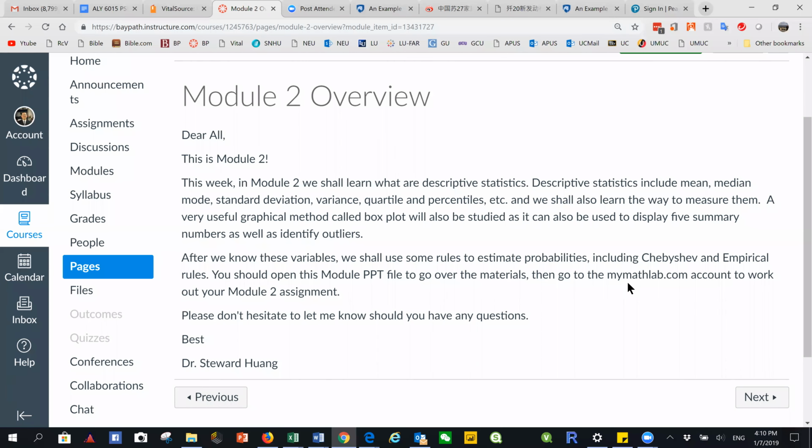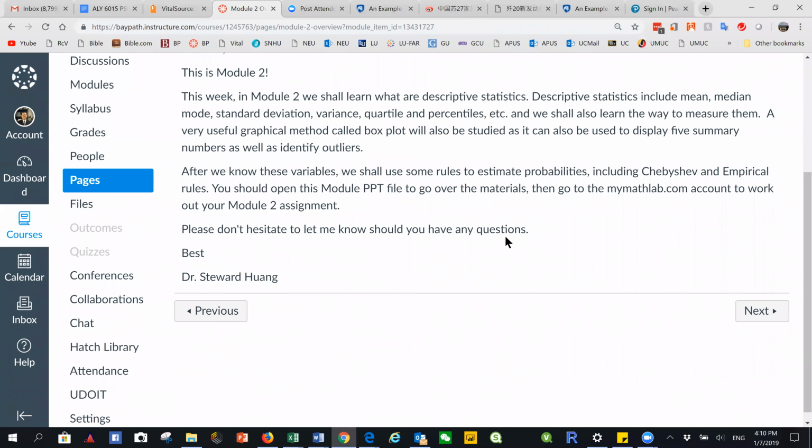Some graphical methods, like the boxplot, will also be studied, so we'll get into this as much as we can. And when we learn descriptive statistics, we describe the 5 things we are mostly interested in: center, variability, probability, shape, and outliers.